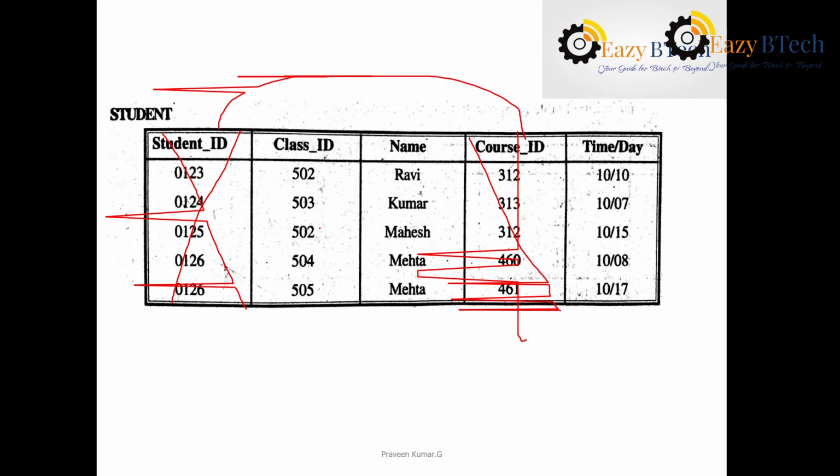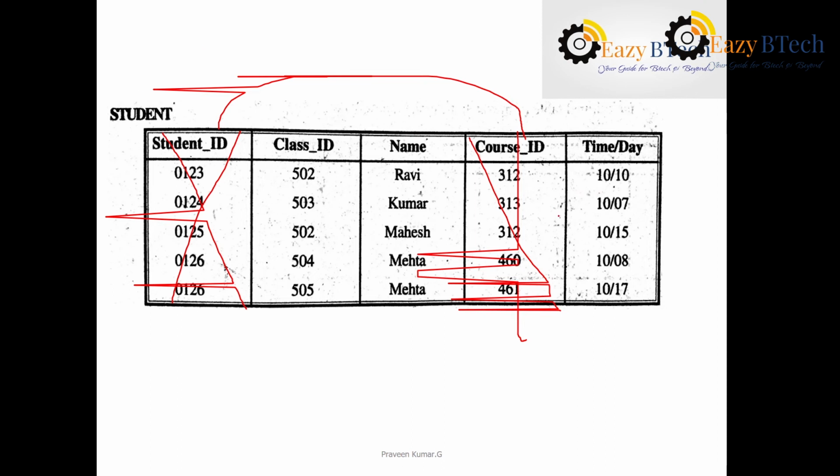Okay, if you know about the class ID, by using 123 and 312 we can identify the class ID. But the student name we can represent by using only the student number. Who is Ravi? 123. Who is Kumar? 124. Who is Mahesh? 125. But the remaining attributes, time and date. What about the date of the particular course?